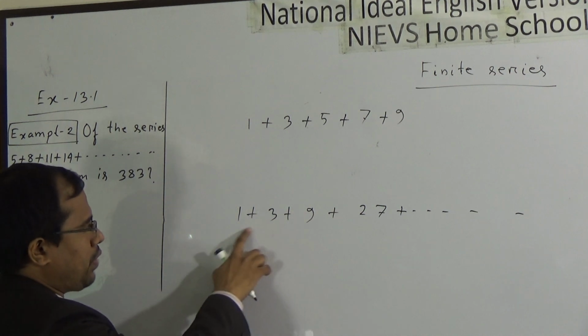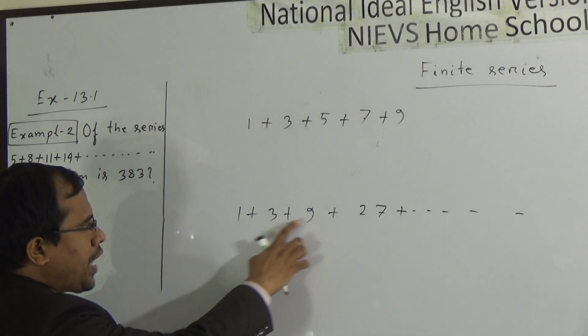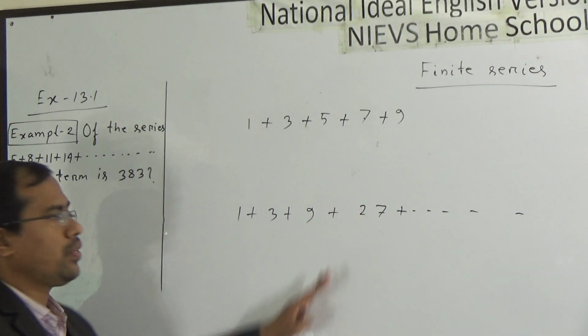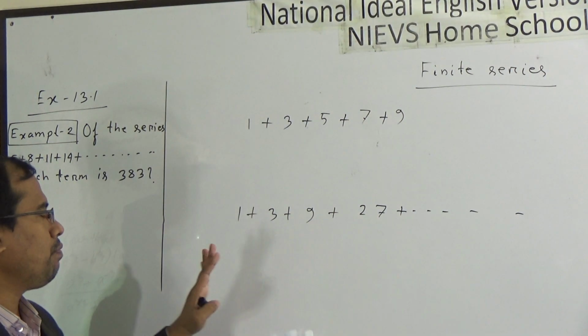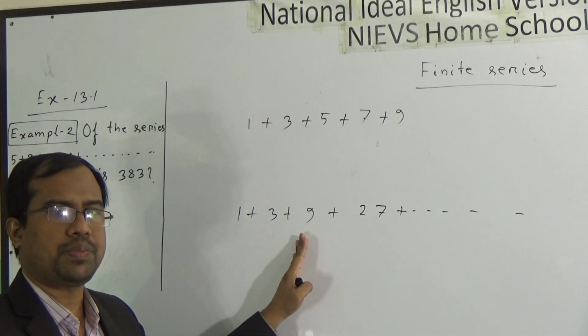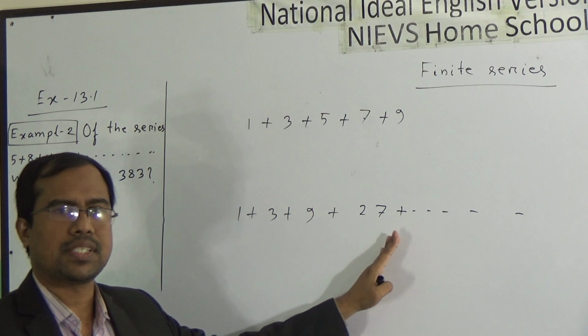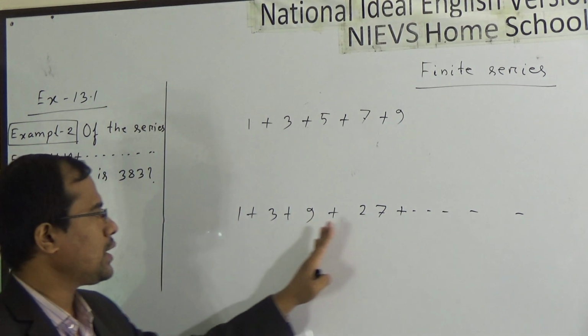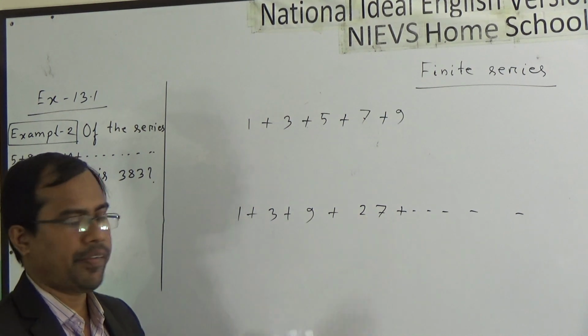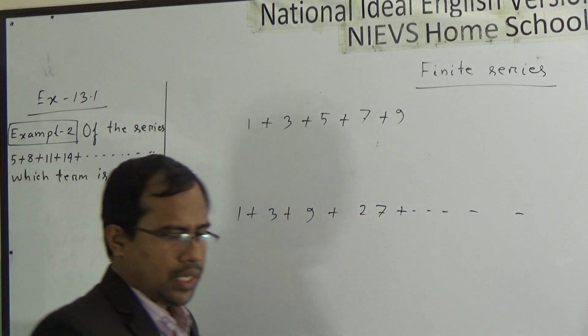Suppose 3 divided by 1 equals 3. 9 divided by 3 equals 3, and 27 divided by 9 also equals 3. That means the ratio between two consecutive terms of this series is the same, so we can say this series is a geometric series.